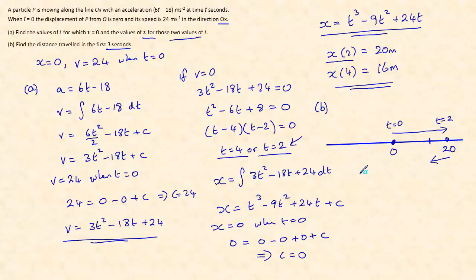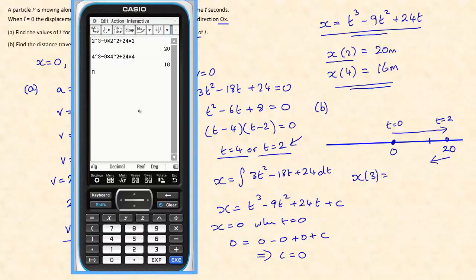So what we're going to do is calculate x of 3. So let's just substitute 3 into here. So it's going to be 3 there, a 3 there, and a 3 there. And that puts us at 18.